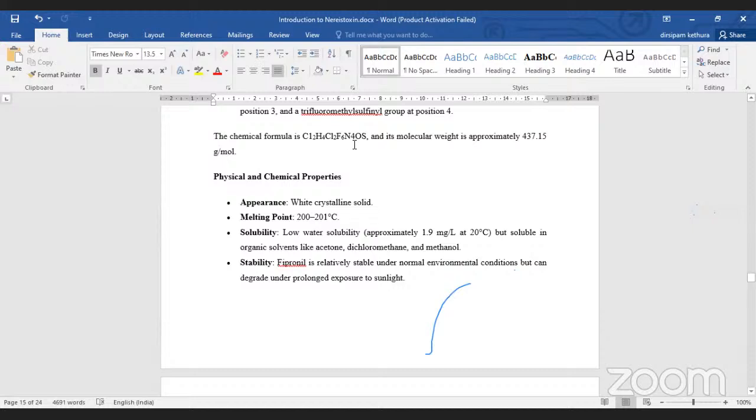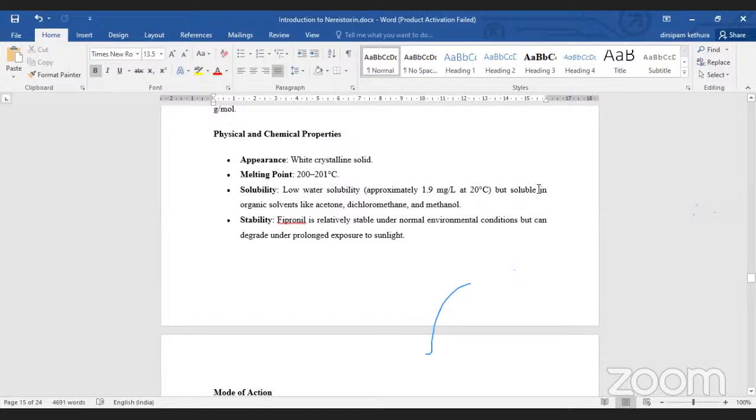This is the chemical formula. It has 12 carbons, 4 hydrogens, 2 chlorines, F6, and 4 oxygen sulfur, and the molecular weight is 437.15.